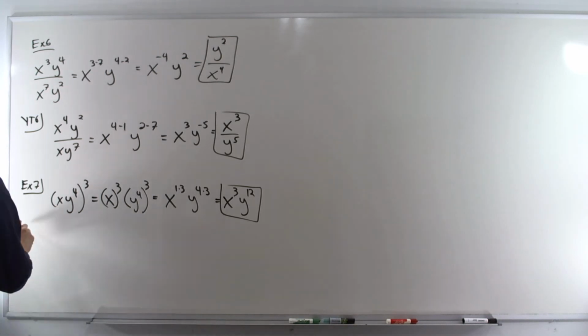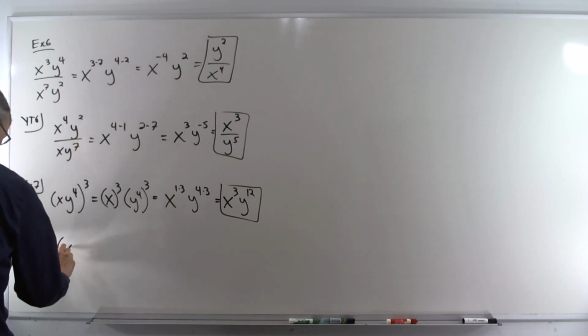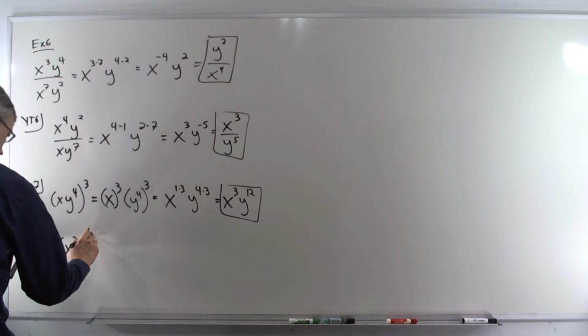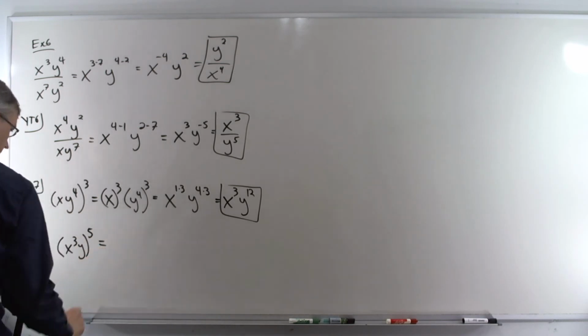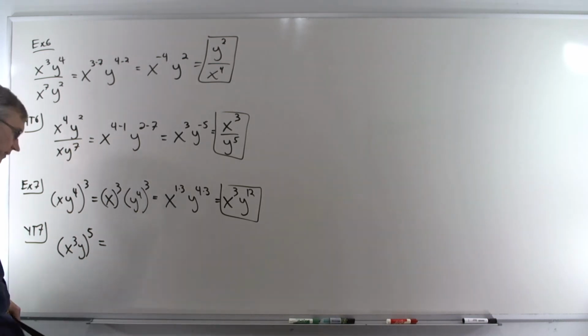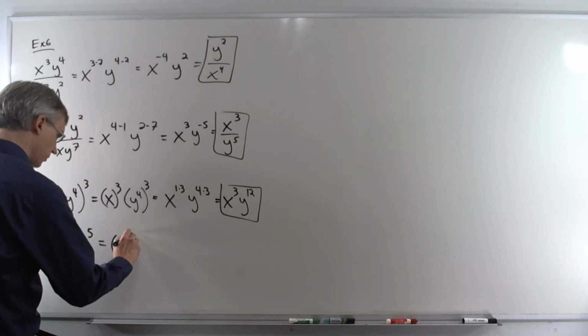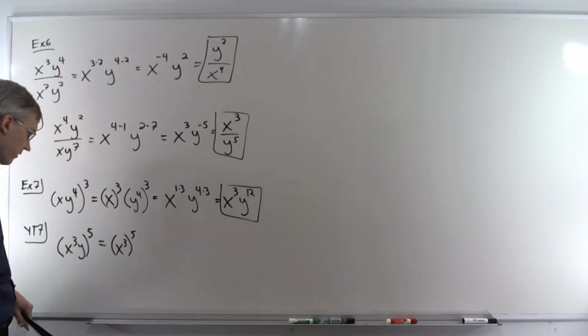Your turn, number 7. X to the 3rd times y, all to the 5th power. Using power rule A, x to the 3rd to the 5th.